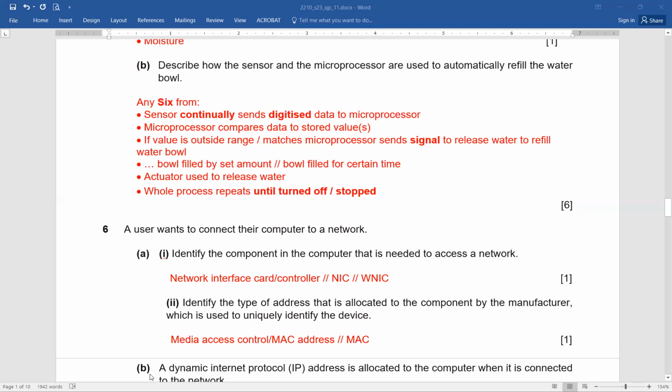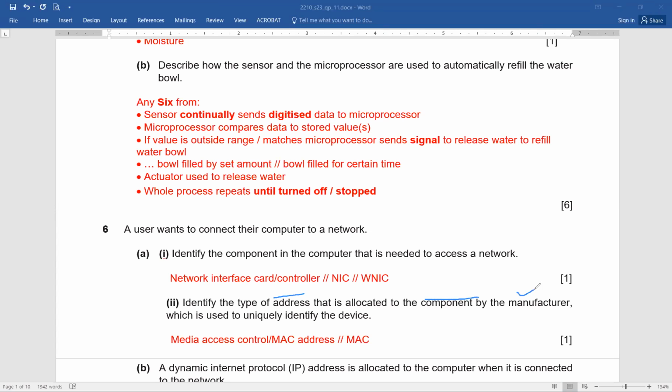Okay, identify the type of address that is allocated to the component by the manufacturer. Now here you can see they are not mentioning the keywords, but still you can see for yourself that they are giving you the hints, and you need to utilize your learning to get the answer. Identify the type of address that is allocated to the component by the manufacturer.